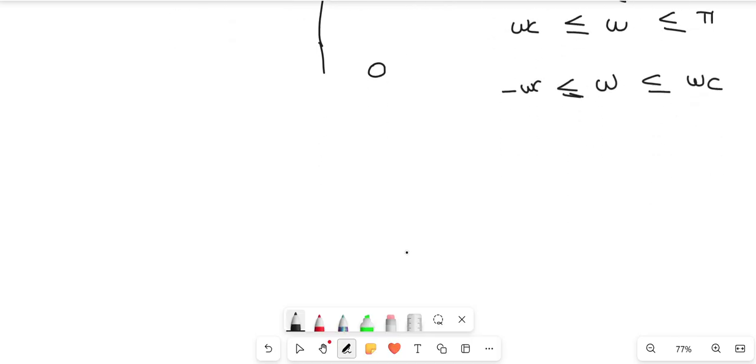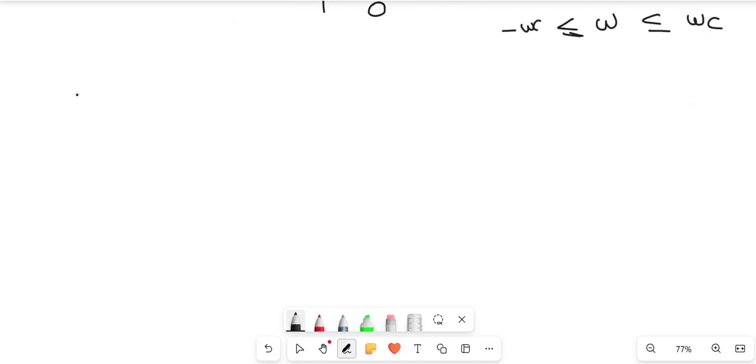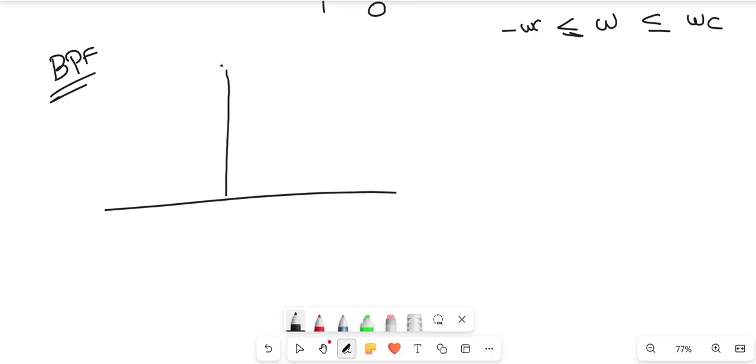Then the frequency response of the band pass filter. I'll draw the frequency response here. Just now we discussed the band limited signal of the band pass filter.